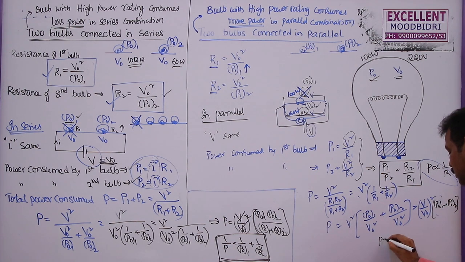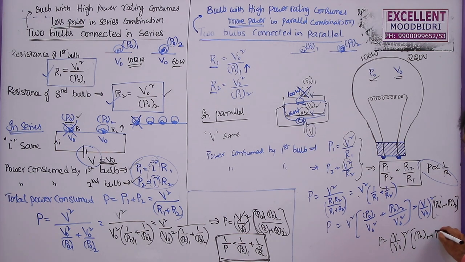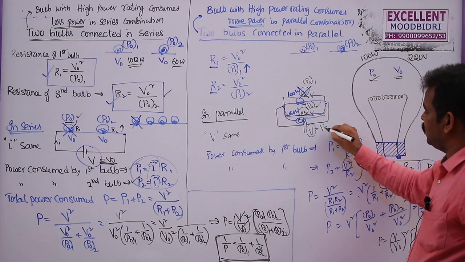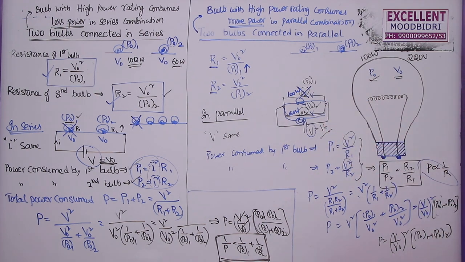So the total power consumed will be the applied voltage by the rated voltage whole square, times P naught 1 plus P naught 2. If the applied voltage is exactly equal to the rated voltage, this will become 1. So the total power consumed is P naught 1 plus P naught 2.